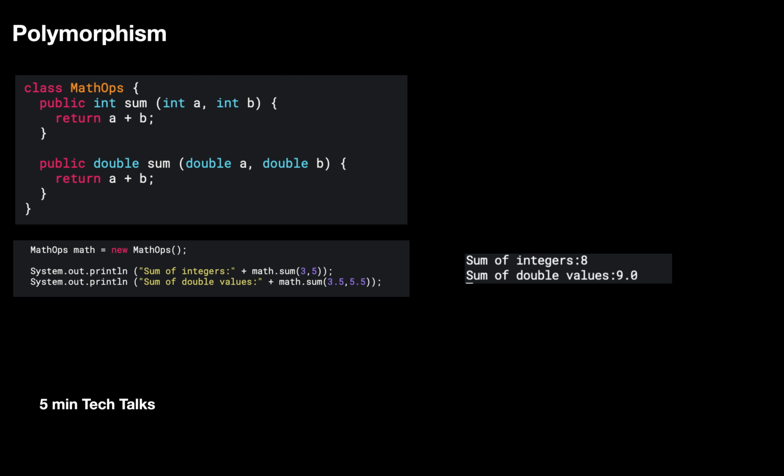Now if you look at the implementation here, after calling the constructor, the first line of System.out.println calls math.sum and passes the integer values, and the second line passes the double values, and it automatically invokes the correct implementation and returns the corresponding value.